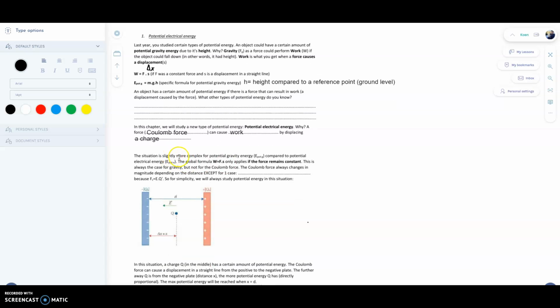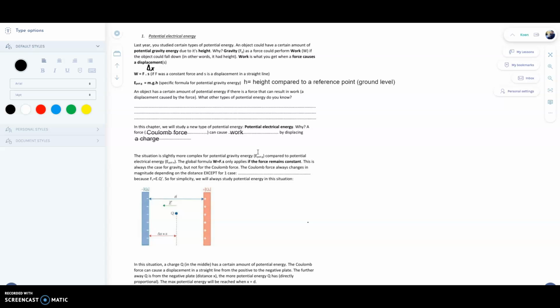Right. Now the situation is slightly more complex compared to gravity when you compare electrical energy. The equation that we used only applies if the force remains constant, and gravity remains more or less the same when height changes. There's not that much difference in your g value, so it can be considered a constant.